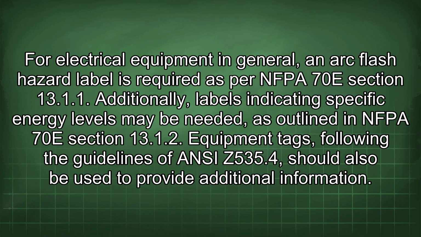For electrical equipment in general, an arc flash hazard label is required as per NFPA 70E section 13.11. Additionally, labels indicating specific energy levels may be needed as outlined in NFPA 70E section 13.12. Equipment tags, following the guidelines of ANSI Z535.4, should also be used to provide additional information.